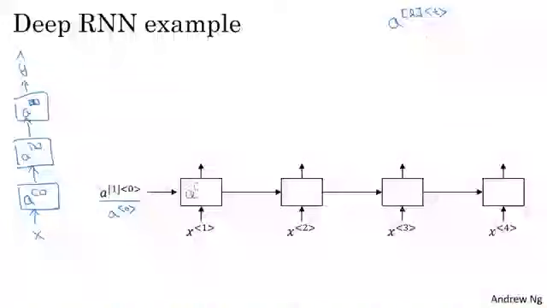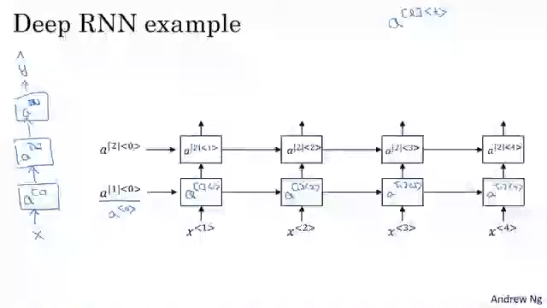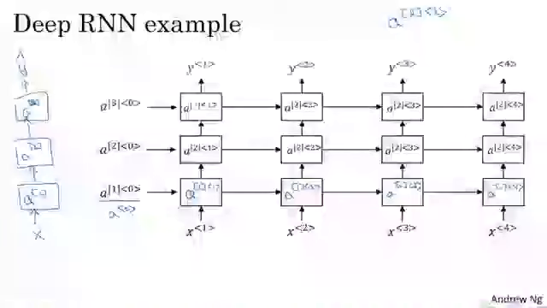So this would have an activation A^[1]<1>, this would be A^[1]<2>, A^[1]<3>, A^[1]<4>. And then we can just stack these things on top. And so this would be a neural network with 3 hidden layers.